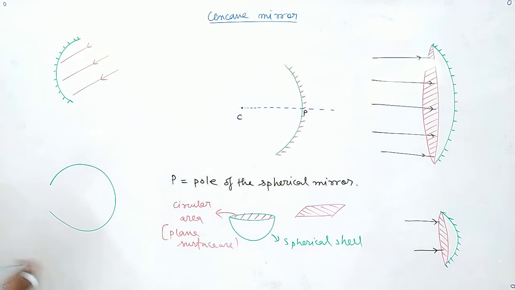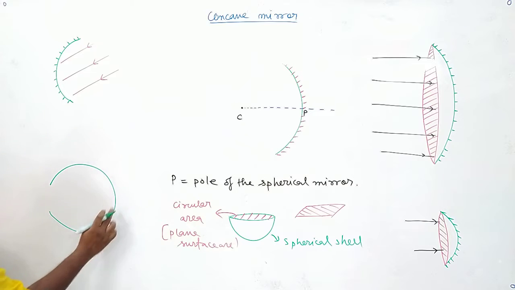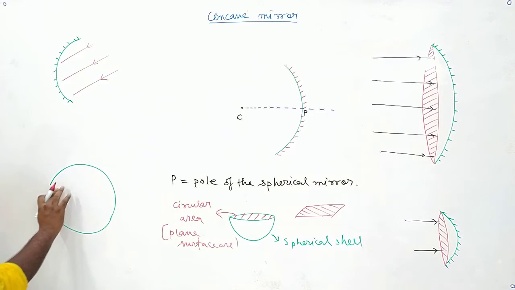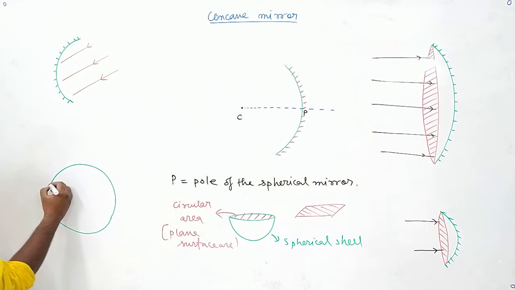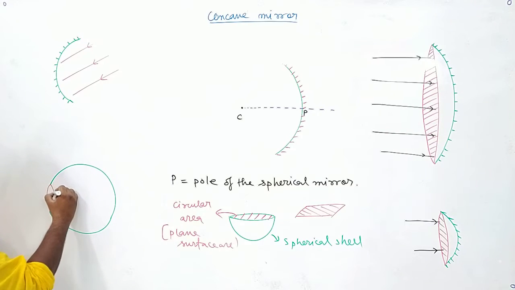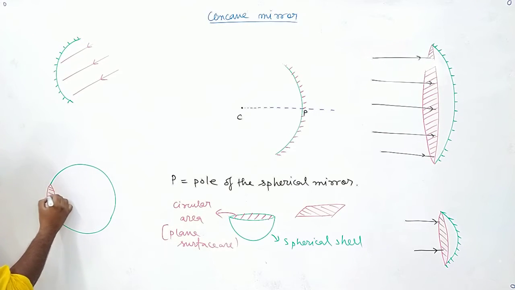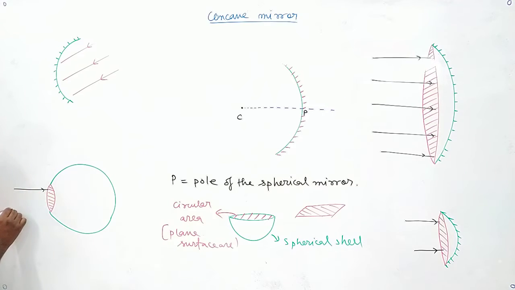Now, if we take this mirror, what will we see? We will see that the curved surface area is more, right? But if we take into consideration the amount of light entering through any surface, only this much light will be able to pass through this, because the surface area is very small.